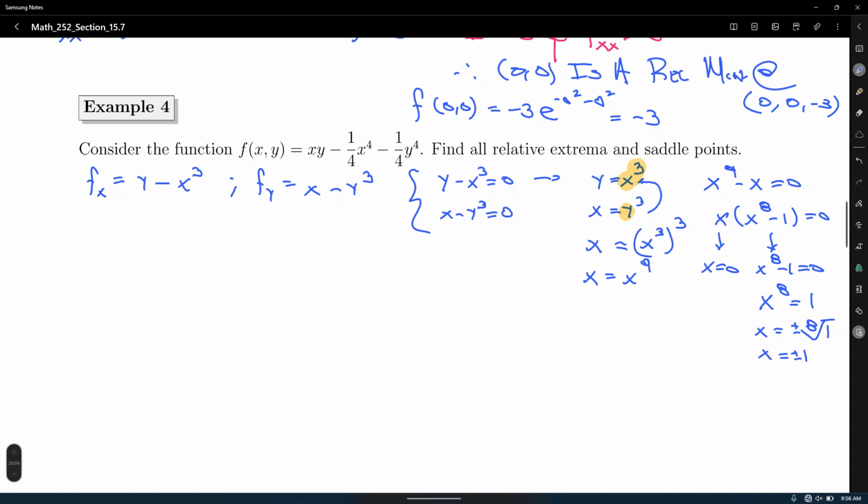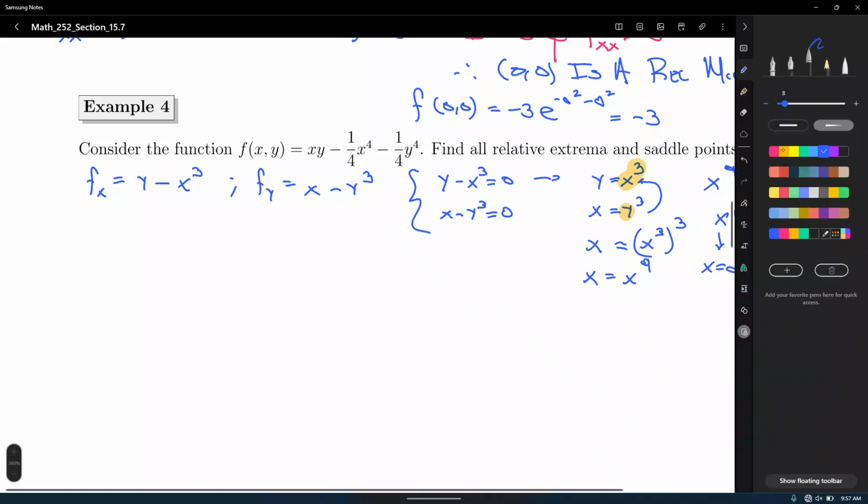Well, if you see this equation in a different way: x times x to the 8th minus 1 equals x times x to the 4th minus 1, x to the 4th plus 1. Then keep going with the difference of squares: x squared minus 1, x squared plus 1 times x to the 4th plus 1.